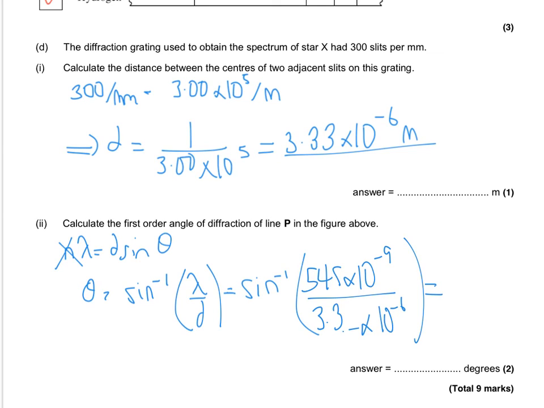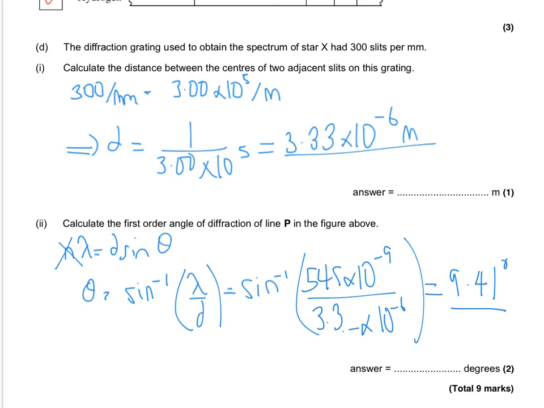Type that in, so that's our value of d. Then we do 545 times 10 to the minus 9 divided by the answer, inverse sine of the answer, and we end up with 9.41 degrees to 3 significant figures.